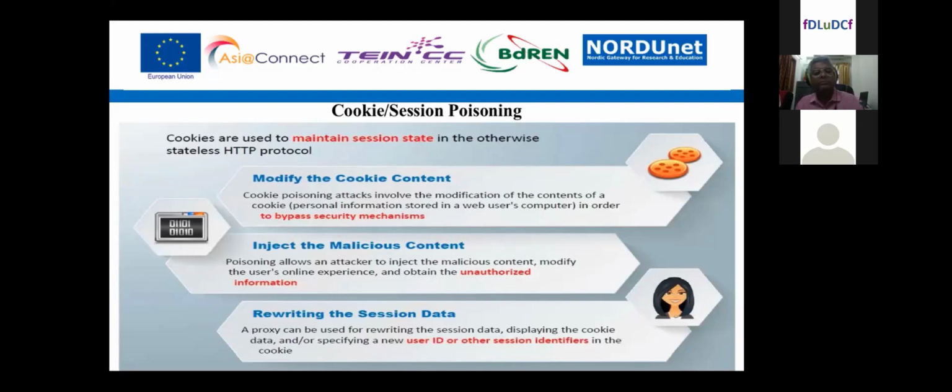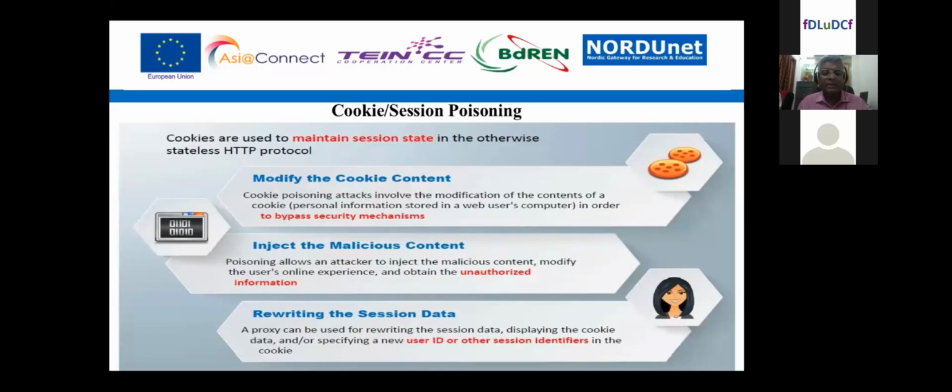They will try to collect personal information stored in the cookie and then try to bypass the security mechanism. That is the first thing they can do. The second thing is that they can inject malicious content. If they have access to the cookie, the attacker will inject malicious content, modify the user's online experience and obtain unauthorized information. From the cookie, the attacker can easily get unauthorized information.